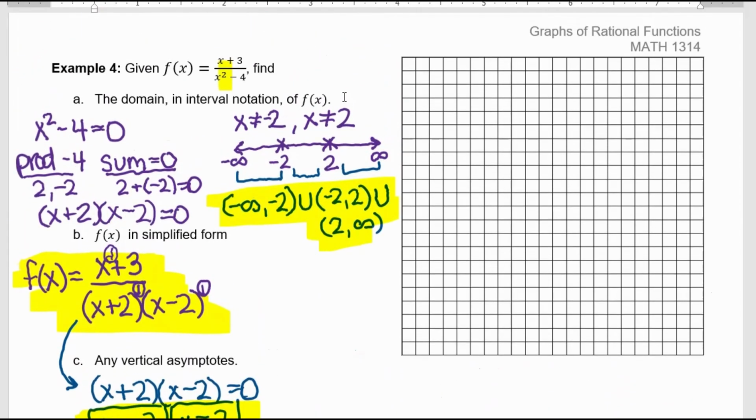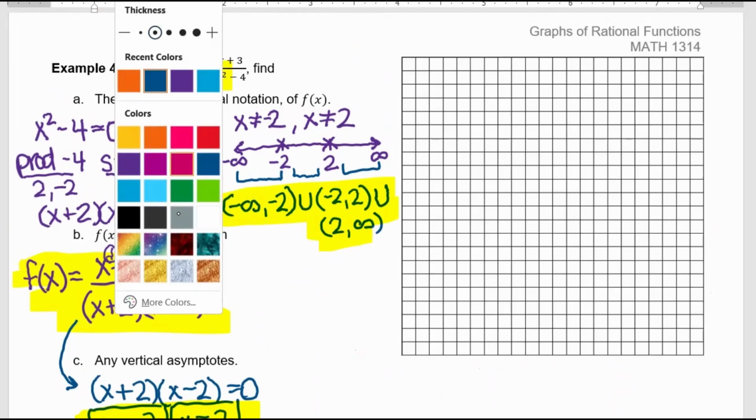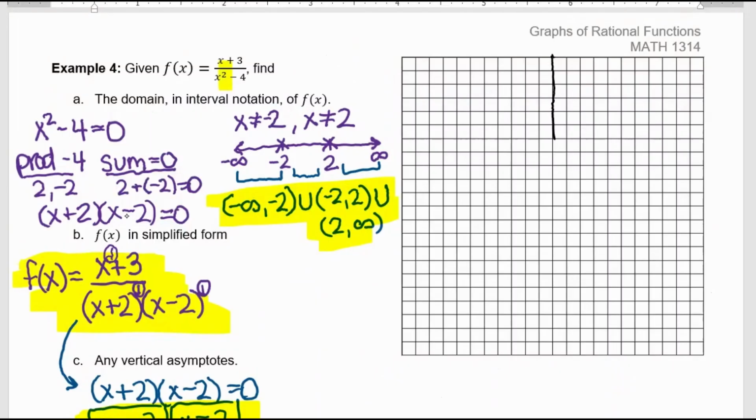So let's go ahead and do that. If you're given a blank graph like this one, the first thing that you're going to want to do is draw in your axes. So we need our y-axis, which is our up and down, and we need our x-axis.